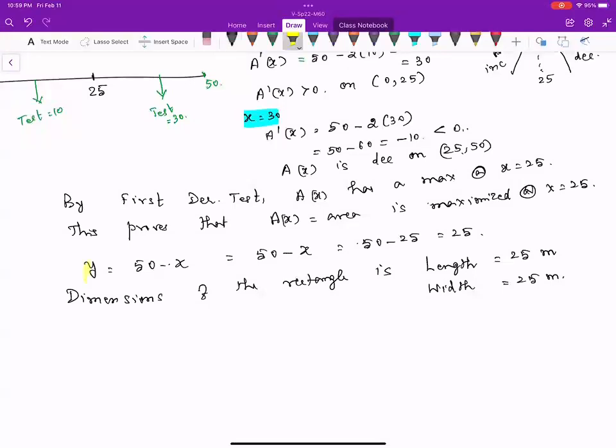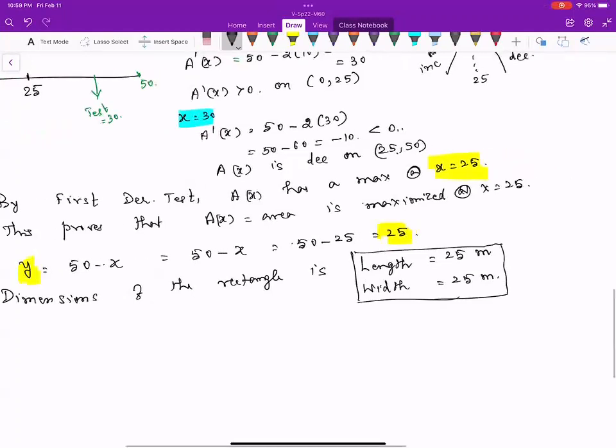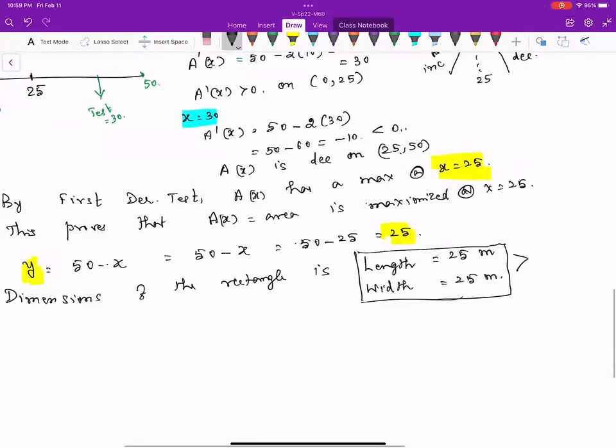This is 1. So what dimensions will make the area maximum? The length and width being equal to 25 meters, which means the rectangle is a square.